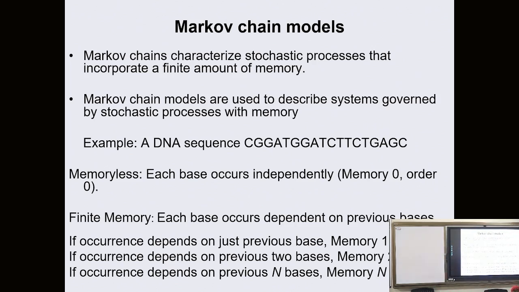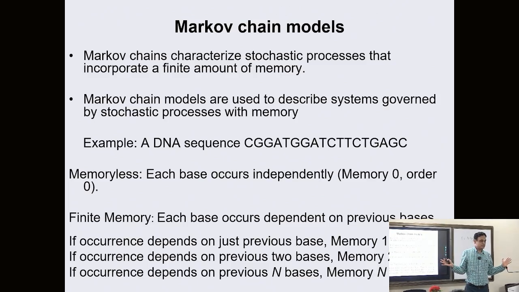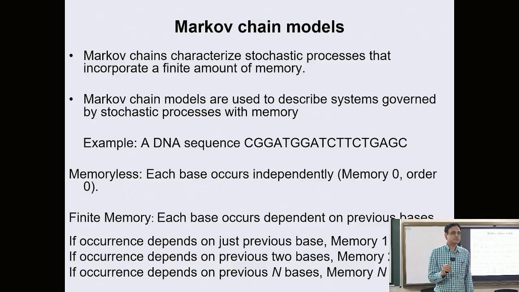Okay, so let's consider a DNA sequence, which is CGG, AT, and so on, and last is GC. If each base occurs independent of the other, which means there is no memory, they do not have memory of the previous base, then the model is of order 0. The system has a memory 0. Okay, very good. Finite memory means that each base occurs dependent on some previous bases. So there is some memory of the previous bases.